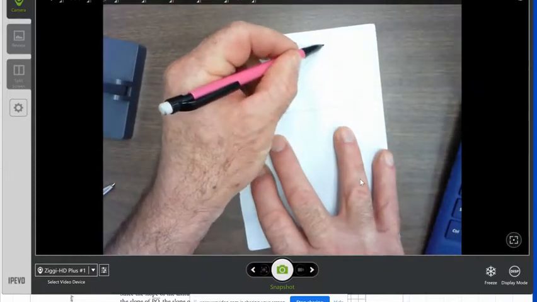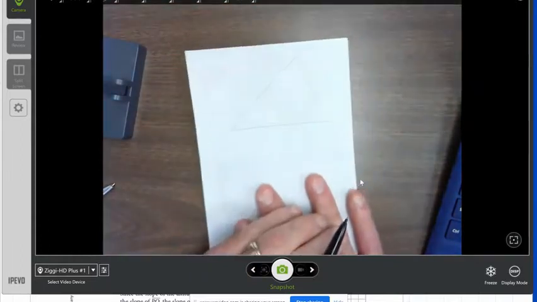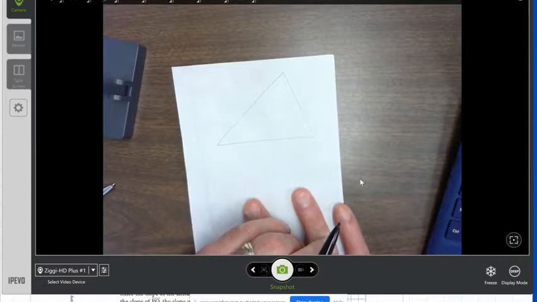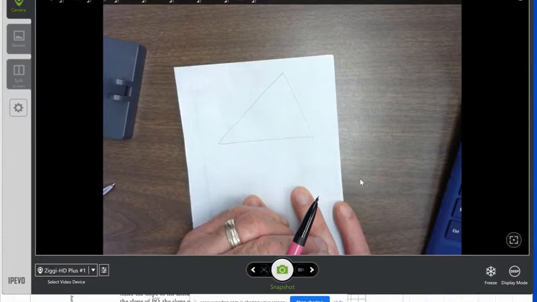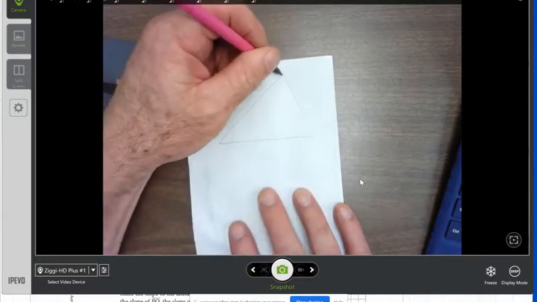Okay, so I've got a scalene acute triangle here, and an altitude is a line segment that goes from a vertex to the opposite side, and it's perpendicular to the opposite side. I always like to use the analogy of dropping a rock.